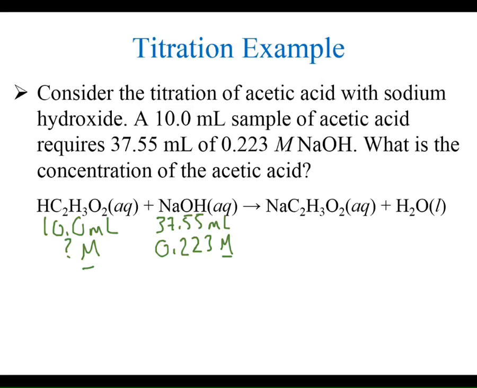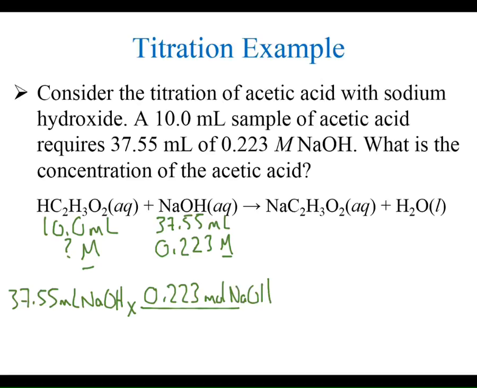So how many moles of base did I add? Well, we can figure that out. I have the volume of the base times the moles per volume of the base. So let's try this. 37.55 milliliters of NaOH, and the concentration was 0.223 moles NaOH per liter, or I'm going to use my little shortcut: a liter is the same as 1,000 milliliters.